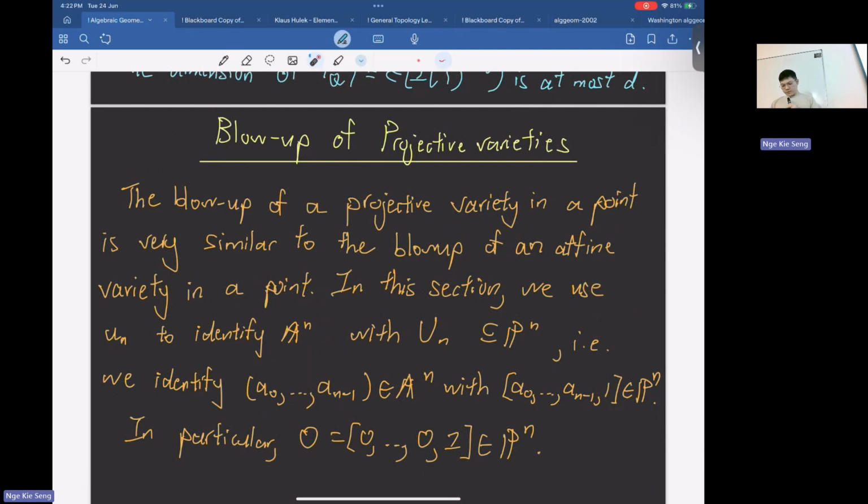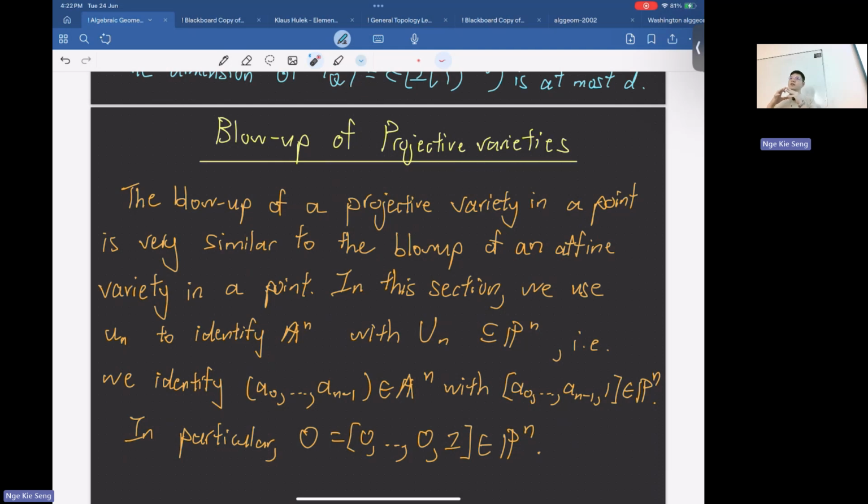And then after blowing up affine varieties, we try to blow up projective varieties. Basically, you need to link it back to affine space, but we know how to cover projective space using affine space. So we will view the point that you want to blow up in an affine chart.